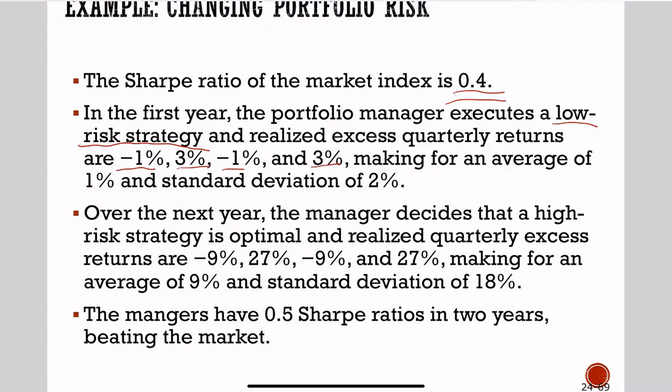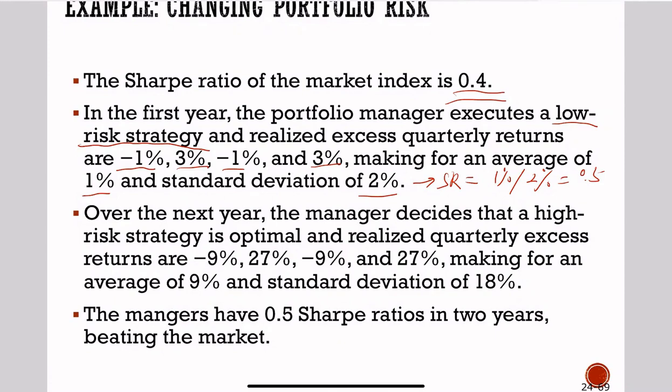The average return is 1% and the standard deviation is 2%. So the Sharpe ratio is 1% divided by 2%, which is 0.5. So if we're using Sharpe ratio, the manager is outperforming the market in the first year.